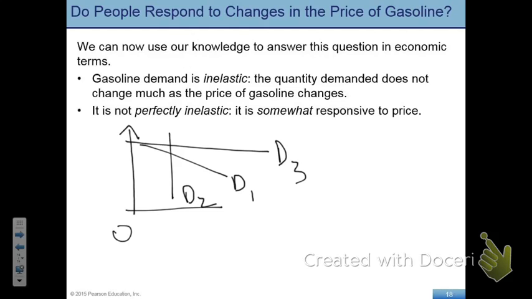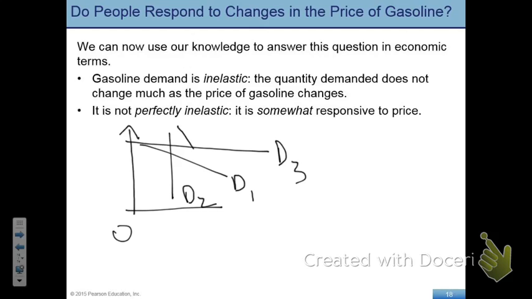D2 is when quantity demanded does not respond to price at all, which is obviously not true, because whenever gasoline price changes, we do respond by carpooling or by not driving as much as we do regularly. There are a lot of ways we respond to changes in gasoline price. D3 cannot be true either. Your demand for gasoline cannot be perfectly elastic. So between these three options, demand for gasoline is probably D1.